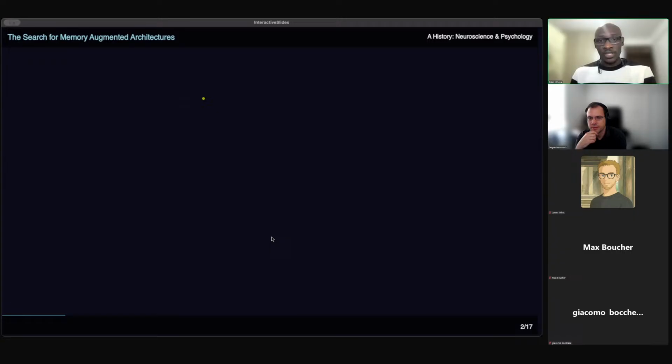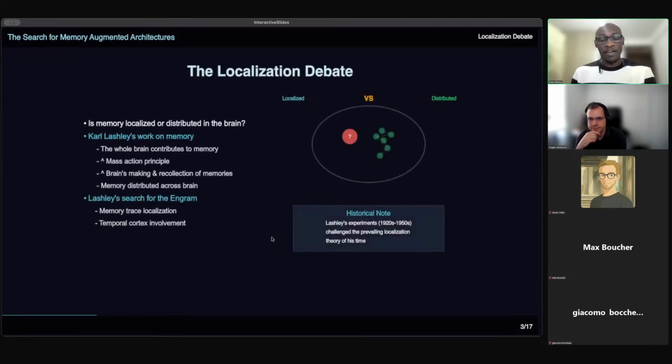I'll jump through a few examples of the history and evolution of memory, starting with the localization debate, which asks how localized memory is in the brain. Is it localized or distributed? Localized means a specific location in the brain is responsible for memory, while distributed means it is spread throughout the entire brain.